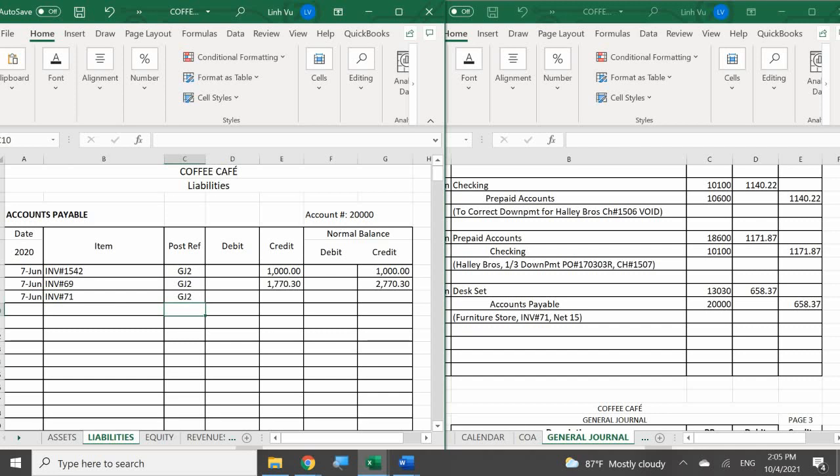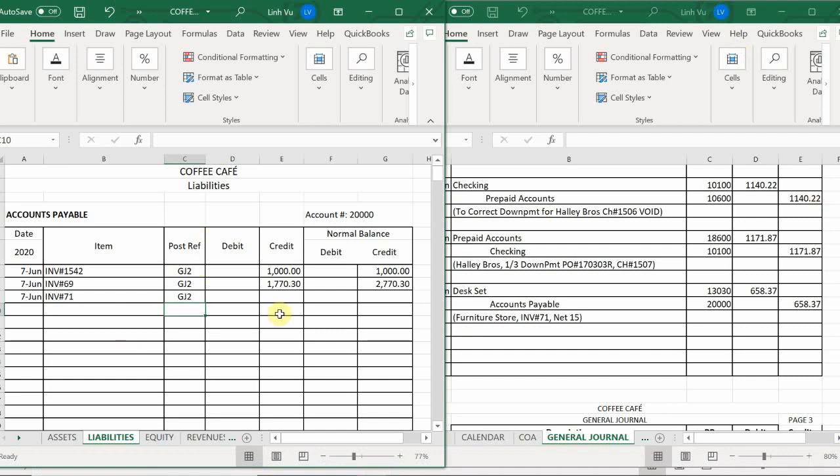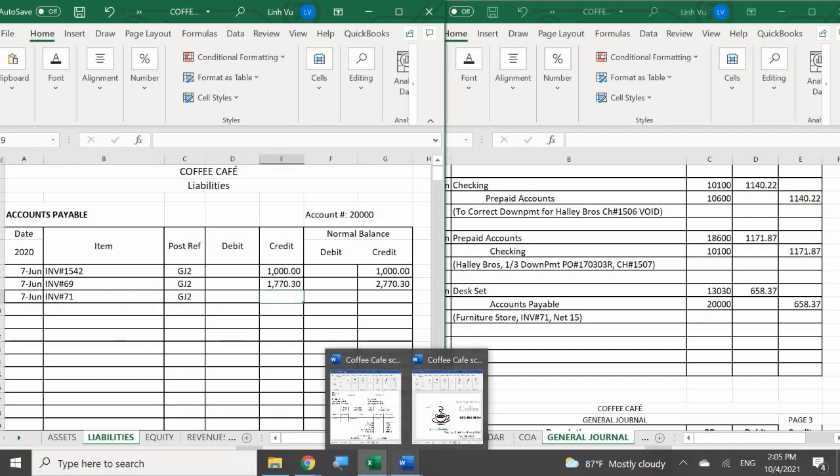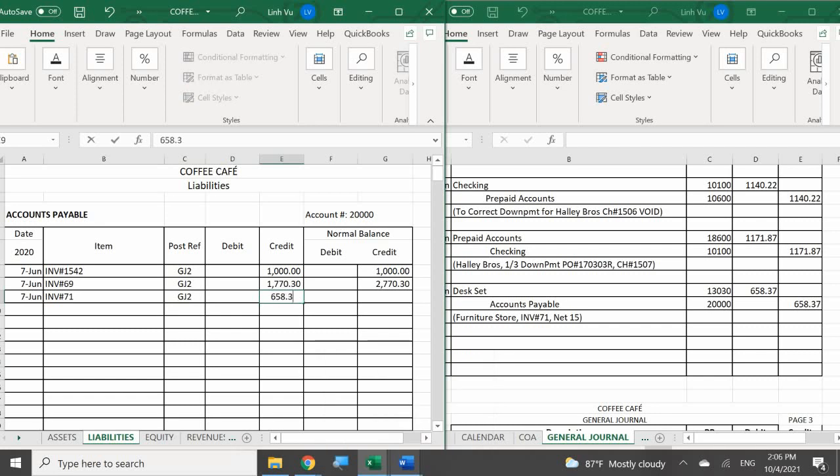General journal number 2 is our post reference. So here, do I owe more money or did I pay it off? I owe the money, so therefore you're going to increase it using a credit of $658.37. So what is my total credit balance?